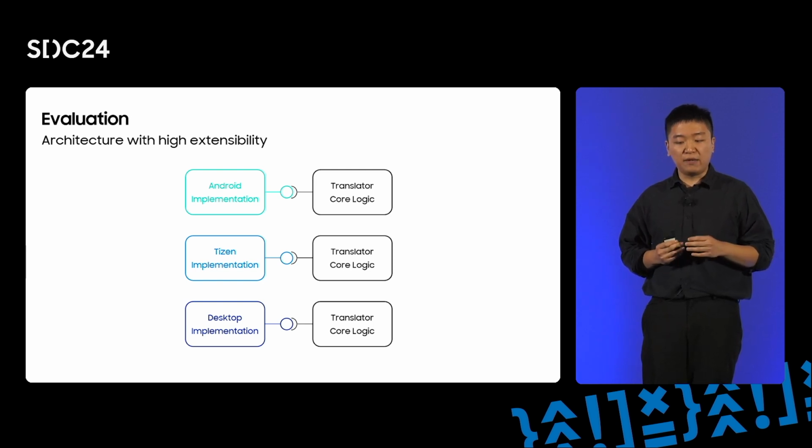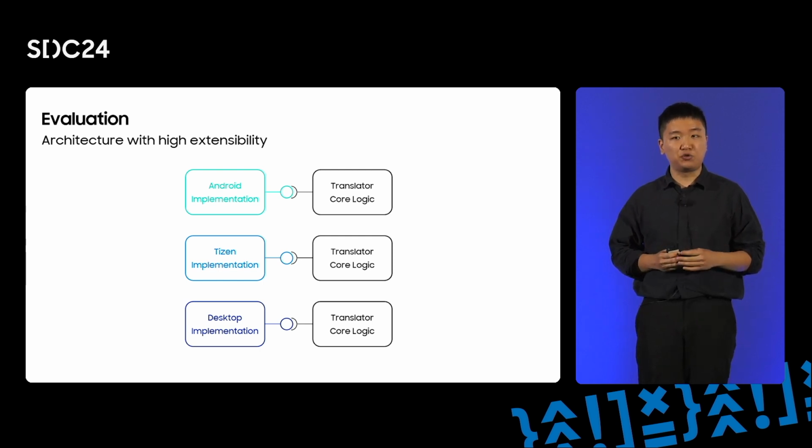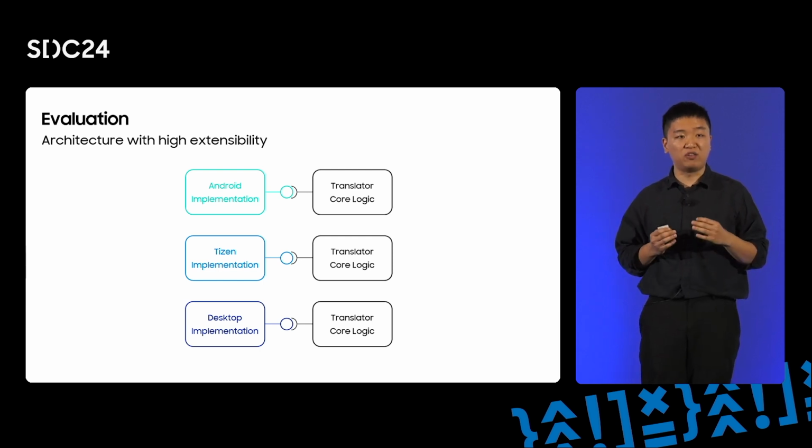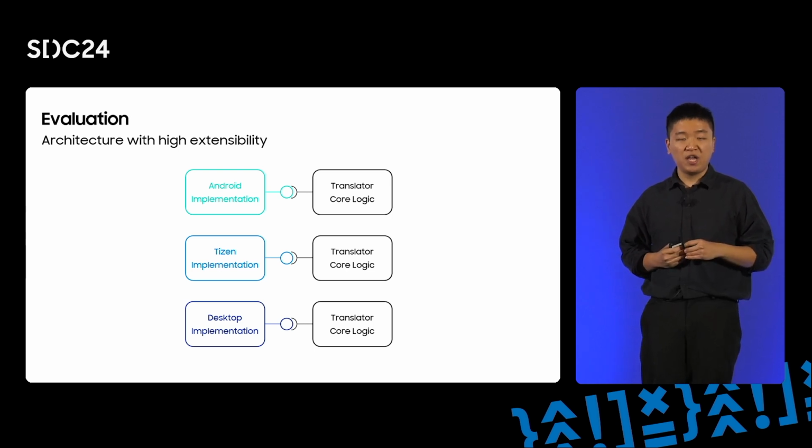Therefore, with the same translation core logic, we have expanded our on-device translation system to the Android application running on mobile devices, the Tizen application running on the television, and the command line implementation for the desktop application. Among them, the desktop implementation helps most when it comes to continuous integration and the development process.